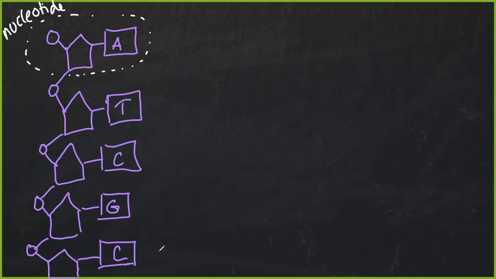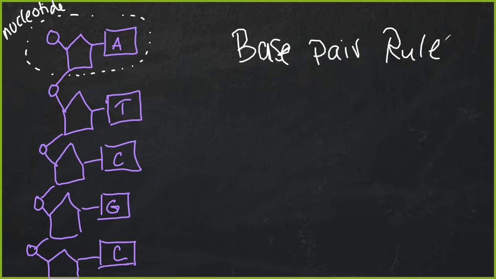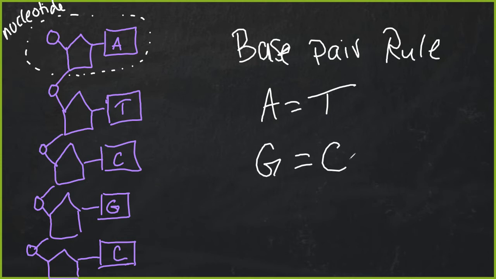Before we add the second strand of DNA to make a full and complete DNA molecule, it's important to understand what a certain scientist named Chargaff found out. And he discovered this base pairing rule. So let's write out our base pairing rule. And that is that adenine is always going to pair with thymine, and guanine is always going to pair with cytosine, and vice versa. How do we know this?